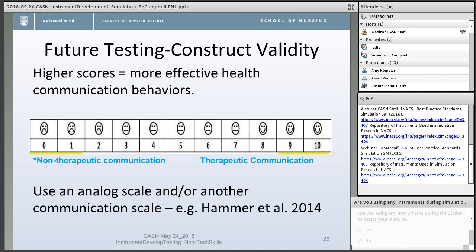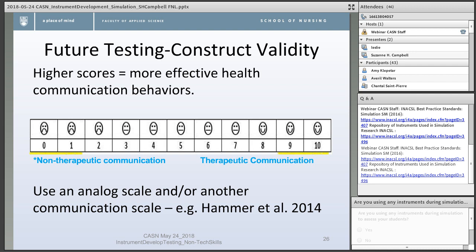So what do we do with testing from here? The construct validity is really important. We're going to analyze the overall scale measures with this analog scale where it was completed, and then Hammer et al. have a really nice simplified scale.